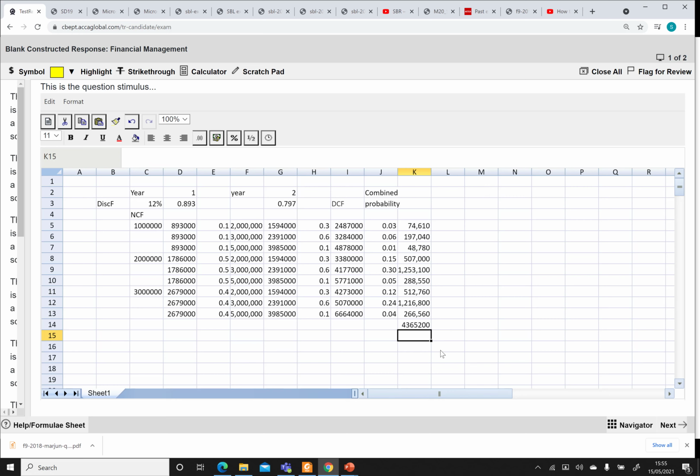And we know that we've got an initial investment of 3,500,000. So that would give us our expected net present value.